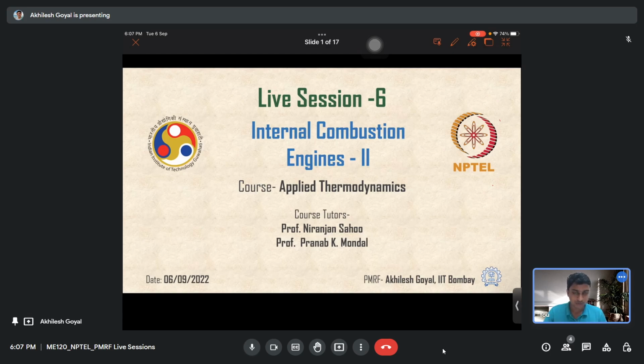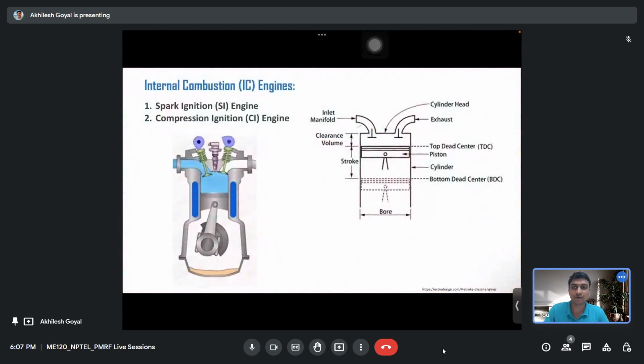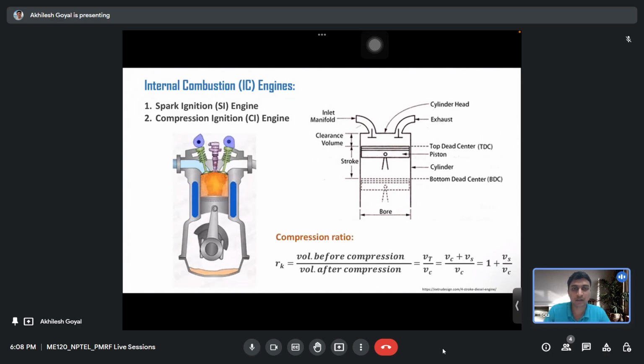So to start with, in the last lecture we discussed the internal combustion engine and the different types of internal combustion engines. One was the spark ignition engine and the second was the compression ignition engine. We also talked about the four stroke engine and the two stroke engine. One important thing we learned in the last session was the compression ratio.